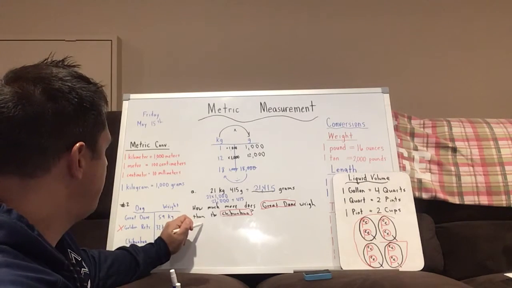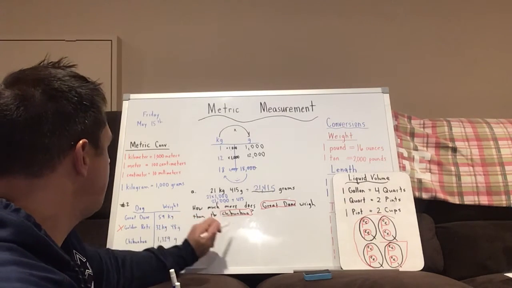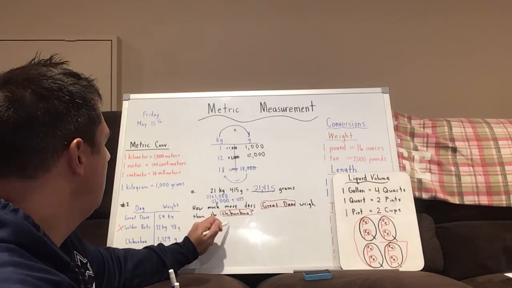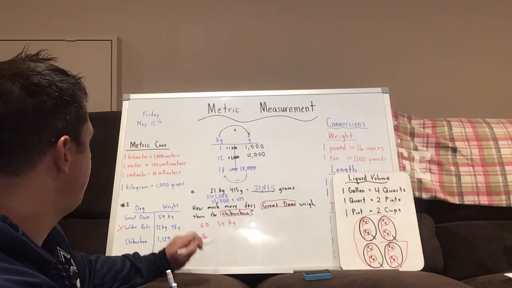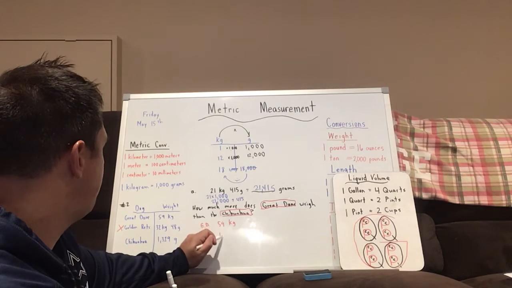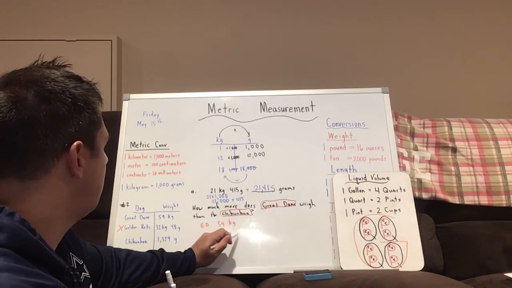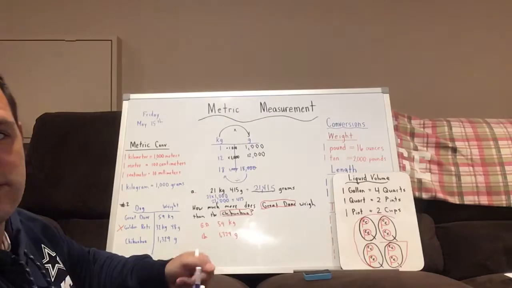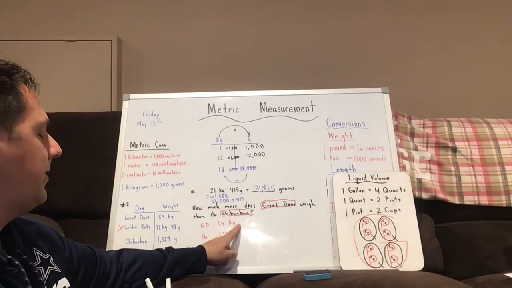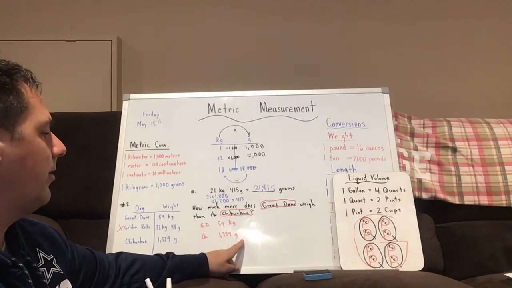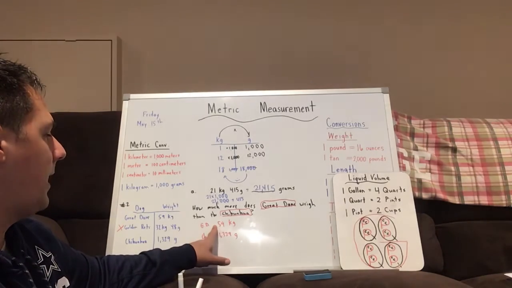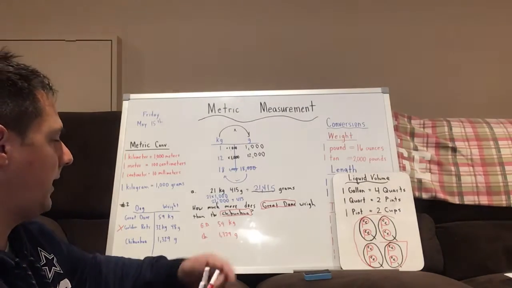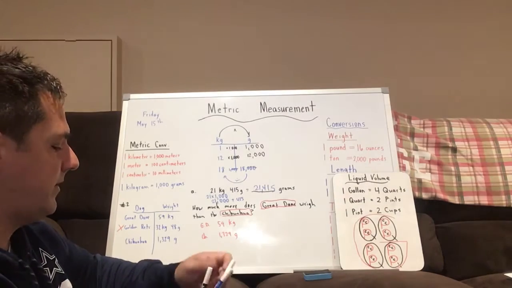So I'm going to organize my data. The Great Dane is 59 kilograms. The Chihuahua is 1,329 grams. So again, because I have 1 unit in kilograms and 1 unit in grams, I want to always convert them to the smallest unit. So I'm going to convert my Great Dane's 59 kilograms to grams.